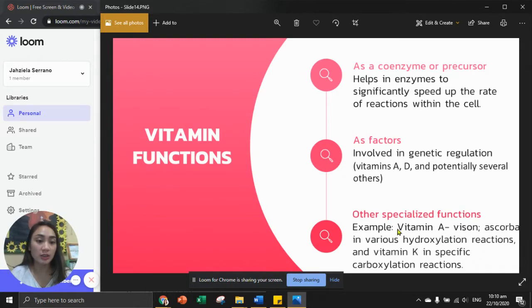So, katulad nito, mas familiar kayo with this since, for example, ang specialized function ng vitamin A is for vision. So sorry for the typo here. So ascorbate or ascorbic acid is required for some hydroxylation reactions, and vitamin K in carboxylation reactions, no?